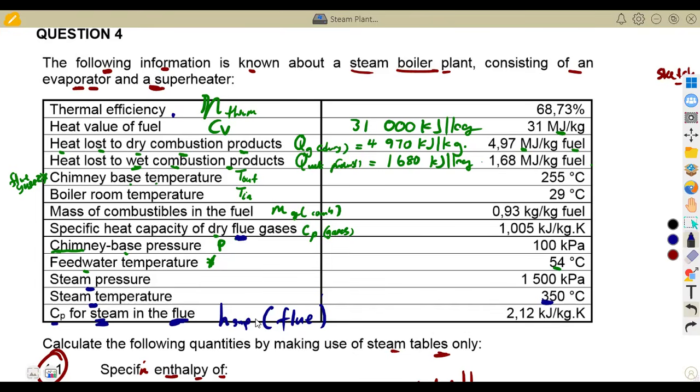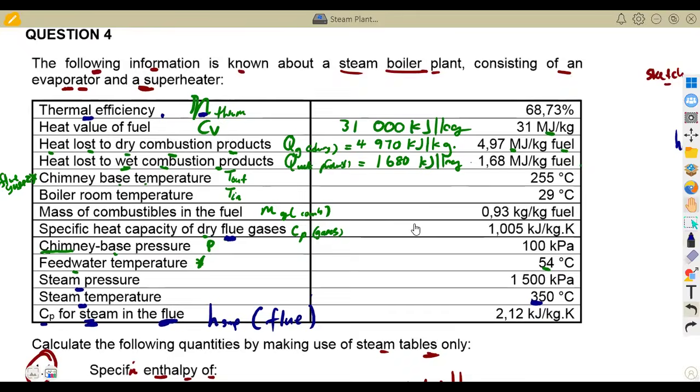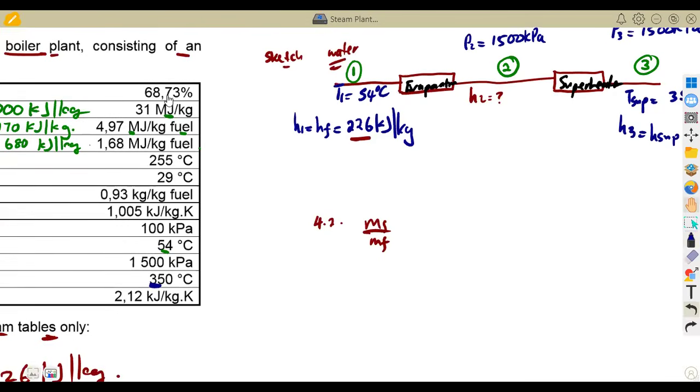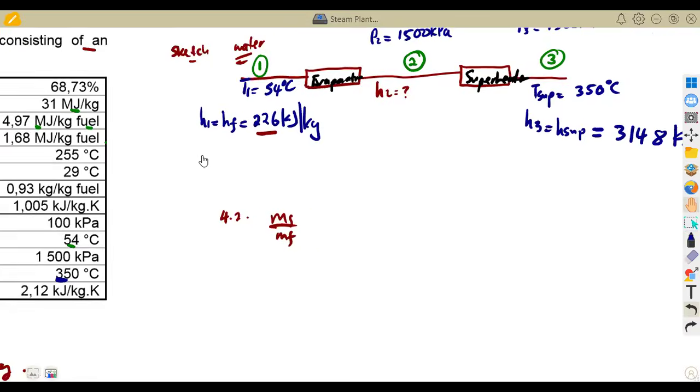Of all the information that you are given, is there anything you can take advantage of where the mass of steam and the mass of fuel is given? Yes, it's there. Where is it? In our thermal efficiency. Remember the formula for thermal efficiency. We are given a thermal efficiency of 68.73.